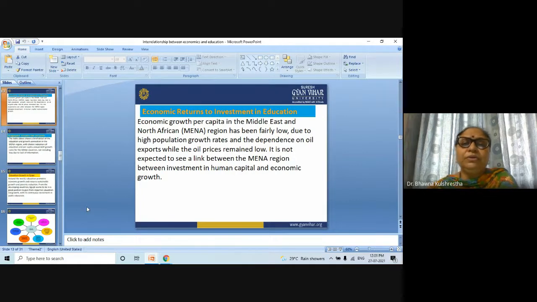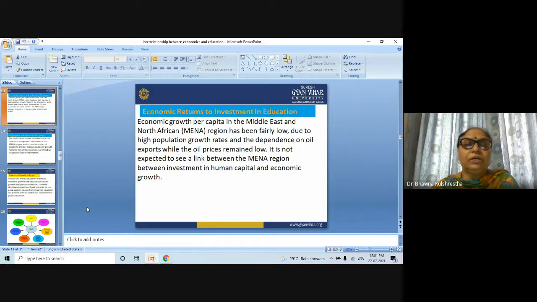The economic growth per capita in the Middle East and North African region has been fairly low due to high population growth rates and the dependence on oil exports while the oil prices remained low.